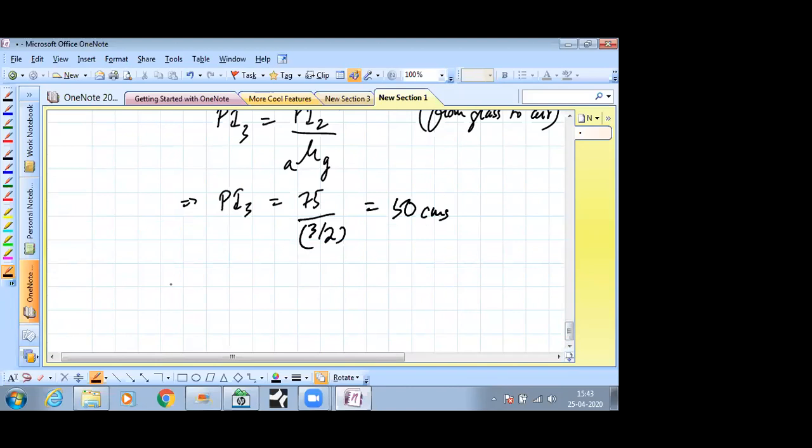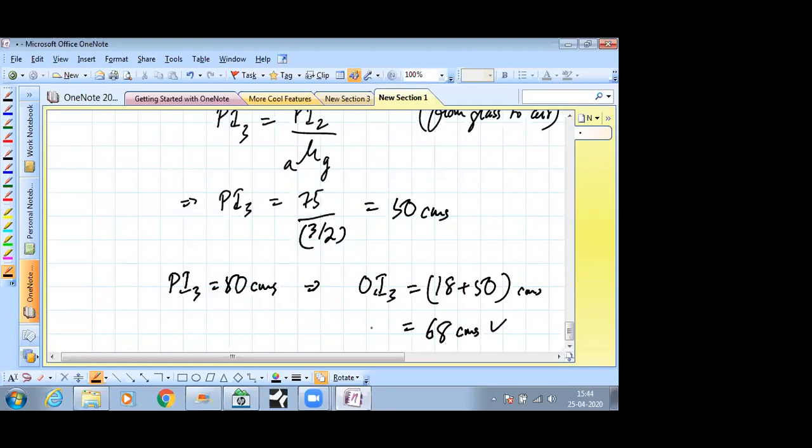So PI3 is 50 centimeters, which means that OI3, object to final image, is just 18 centimeters plus 50 centimeters, because the object was 18 centimeters in front of the glass slab. So that is 68 centimeters.